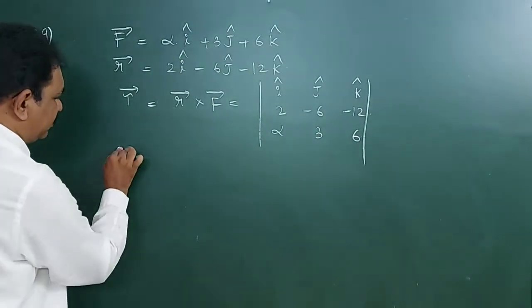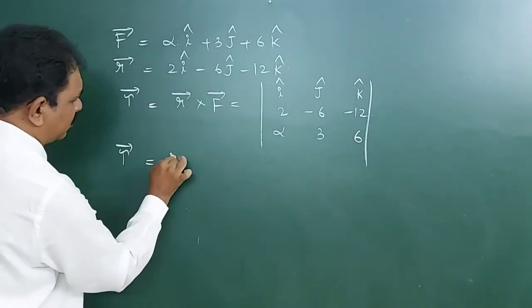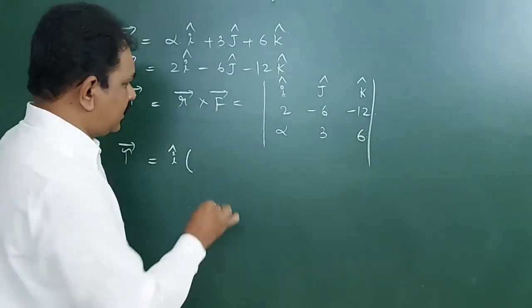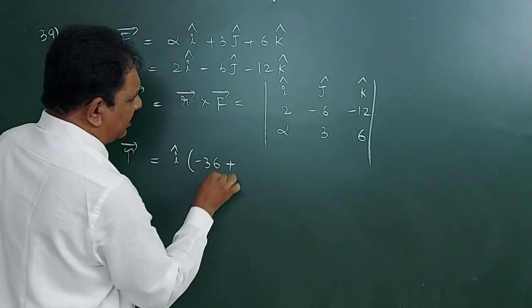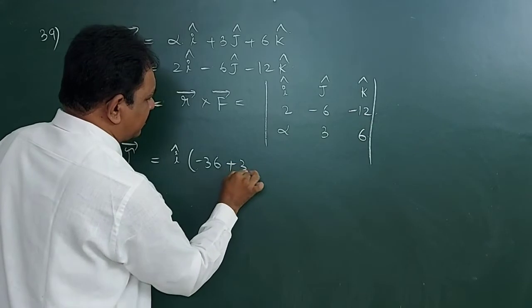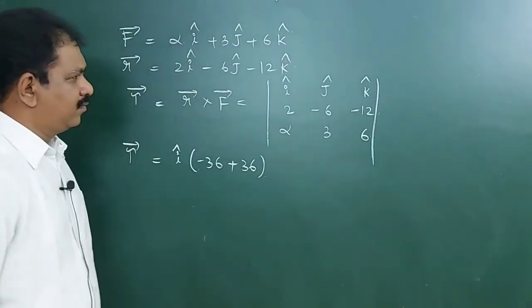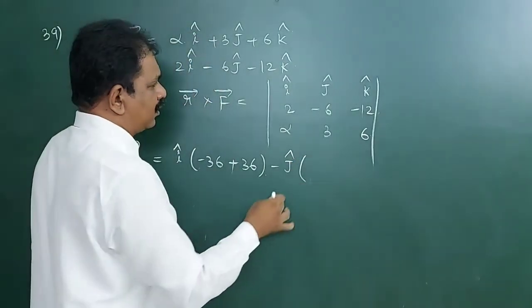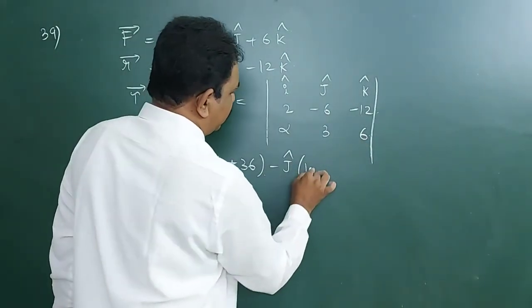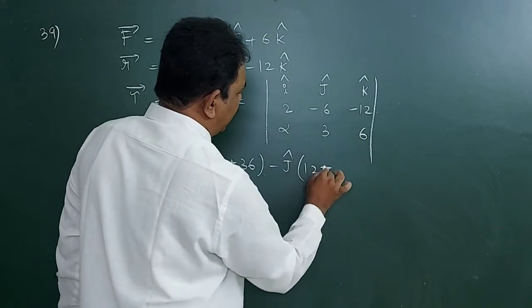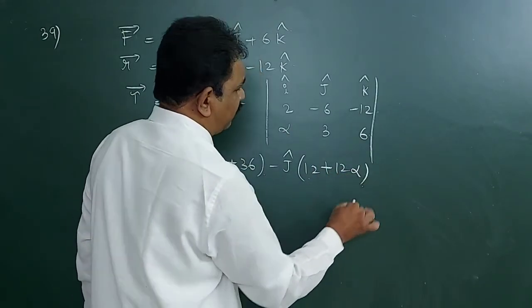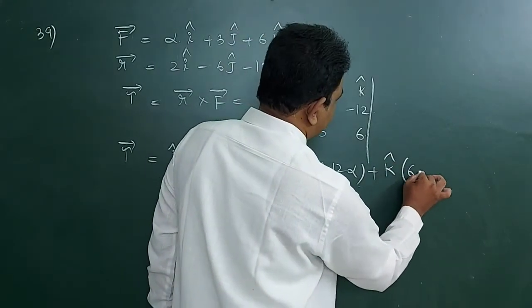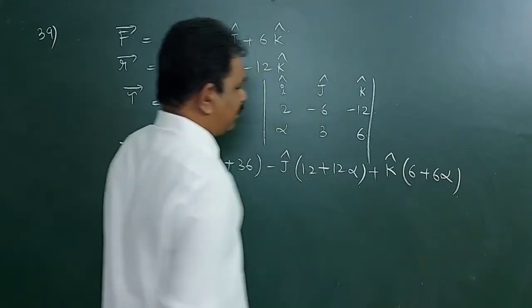So tau bar is equal to i cap minus 36, minus of minus 36 means plus 36, minus j cap 12, minus of minus, plus 12 alpha, plus k cap 6 plus 6 alpha.